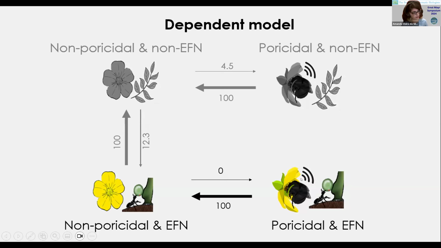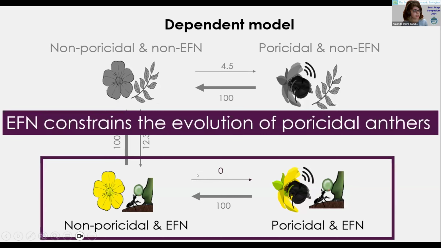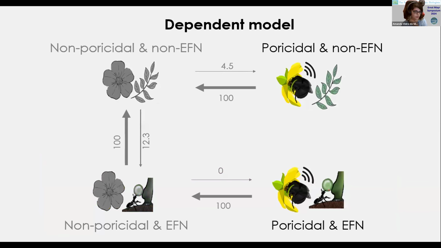anthers and not gain. So it seems that EFN, the evolution of extrafloral nectaries, constrains the evolution of poricidal anthers. So the evolution of plants with poricidal anthers and extrafloral nectaries should have occurred from plants with poricidal anthers.